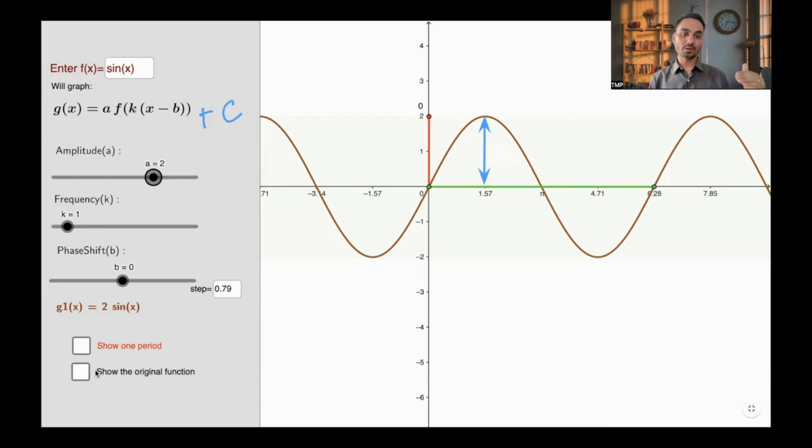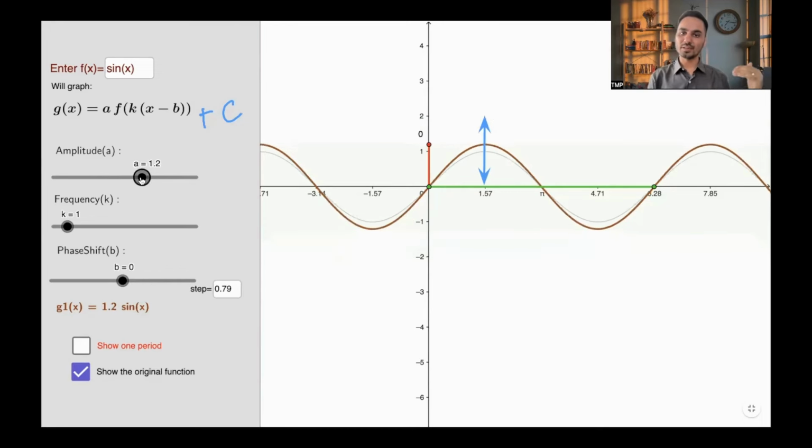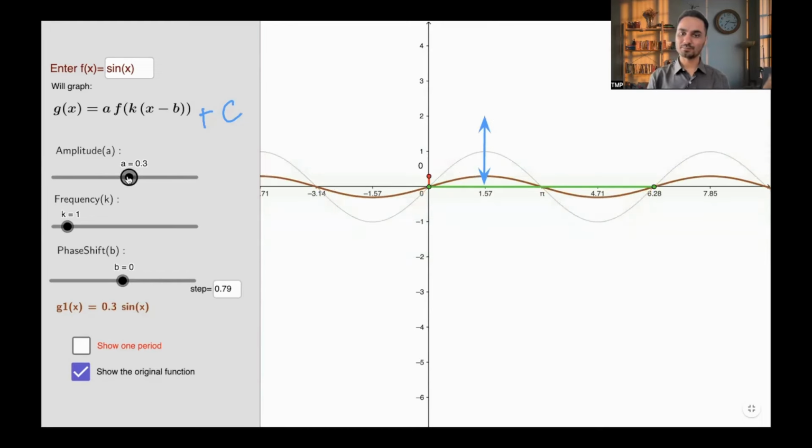If we compare it with the original sin x function, you see that the height of this graph has increased. It is taller than before. Now, what happens if we decrease the value of a? The height of the graph decreases. So that's the role of amplitude.